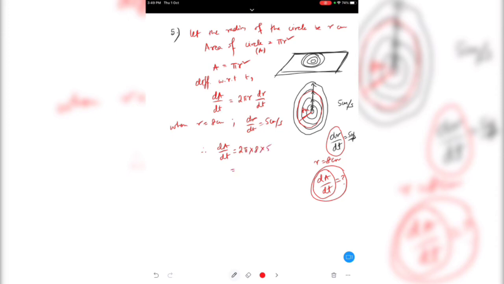It is 40, and that is 2, that is 80 pi centimeter square per second. Everyone clear? Understood? So that's it. Question number 5 is done.